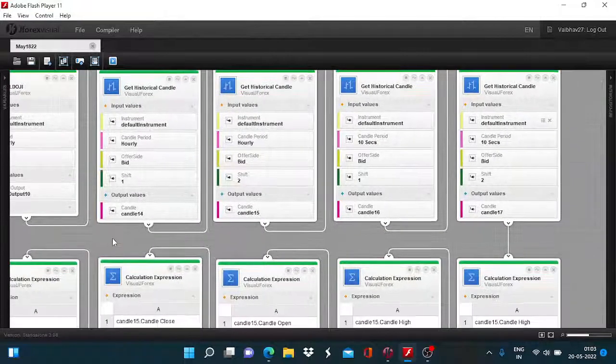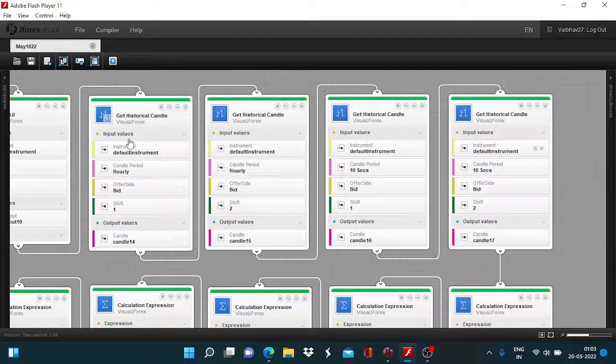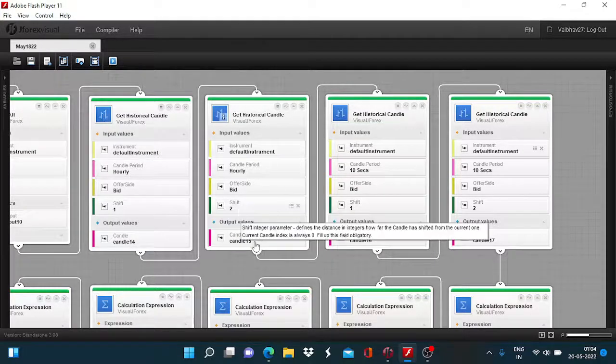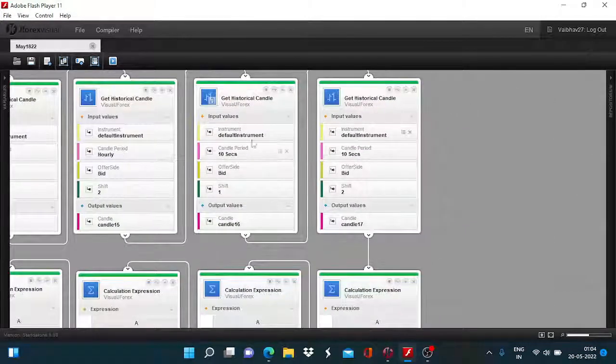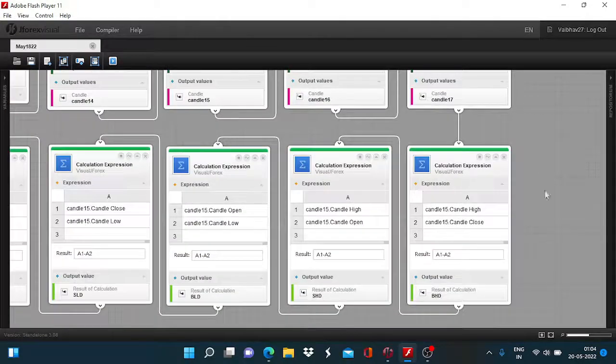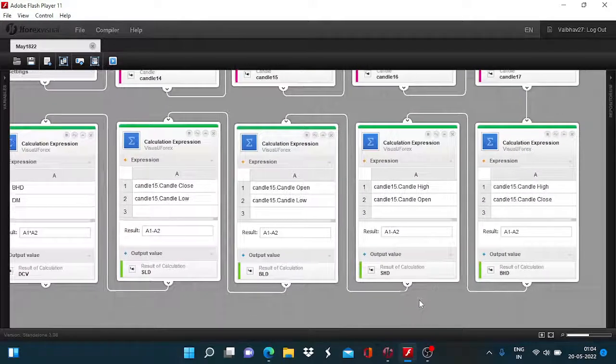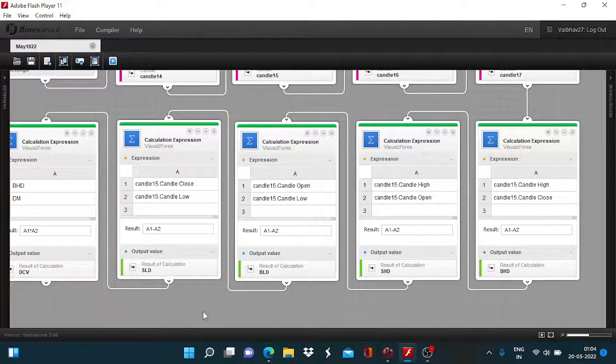That's it. And to look at the price volatility, we are also taking the help of these get historical candle blocks, with the candle period defined as hourly and the look back period of 1 and 2 respectively. These two 10-second candle blocks will be utilized to pinpoint the exact entry points, and then these four calculation expression blocks have been added.